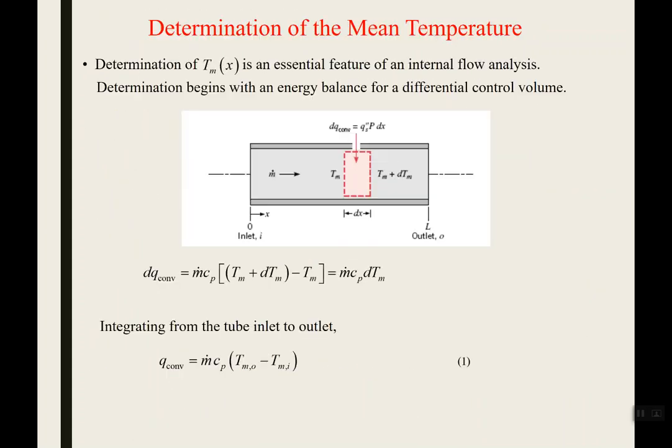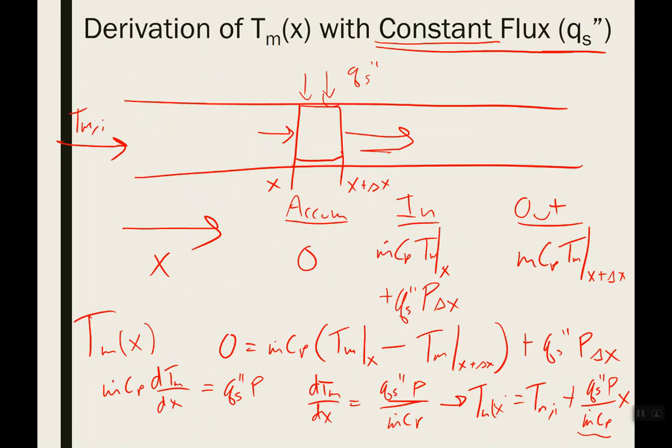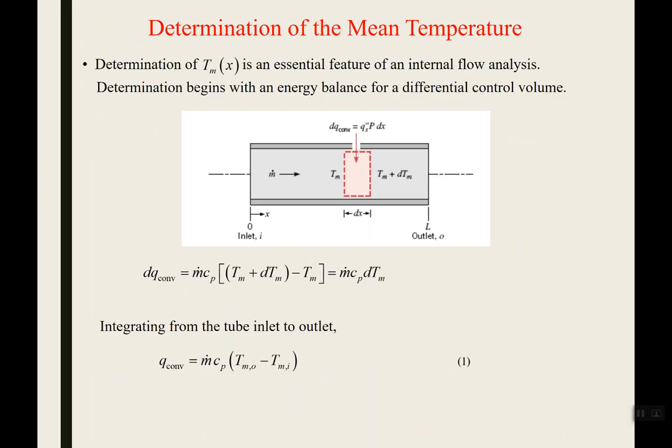So one of the important things that we got to was this idea of figuring out what the mean temperature is. When we introduced convection and when we talked about convection in the context of conduction problems, we treated convection very simply.